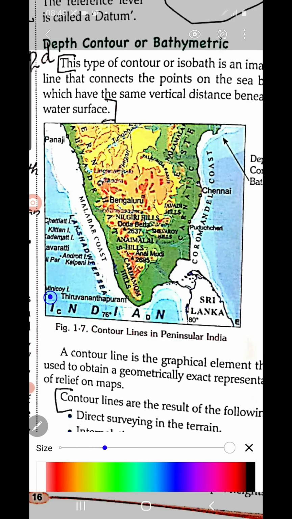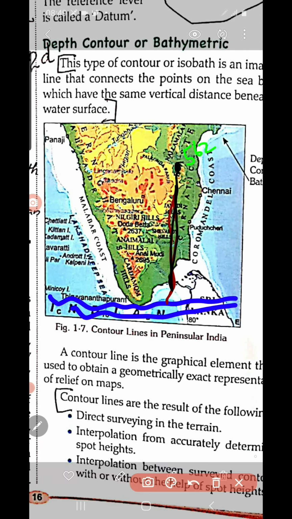Suppose this is the sea level here. So they see how high the particular place is located. Suppose this much height. Okay, spot height. They measure how much altitude, how high it is located. So accordingly the number 562 is given. So they also study the spot height, that means the height of a place.